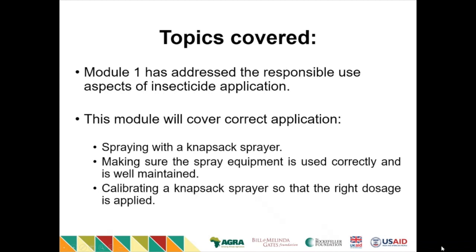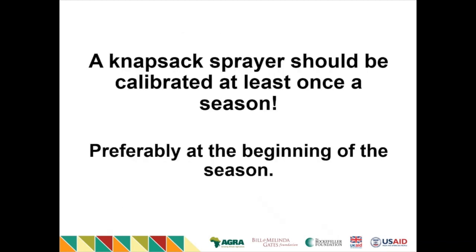Over-application can lead to phytotoxicity on the maize plant, and one can also contaminate the environment due to over-application. The knapsack sprayer should be calibrated at least once a season, and this should preferably be at the beginning of the season so that the farmer knows that he's going to be spraying correctly through the rest of the season. Ideally, of course, one can also say that the knapsack sprayer should be calibrated during the season, but in reality, most people will only calibrate once a season and at the beginning of the season.